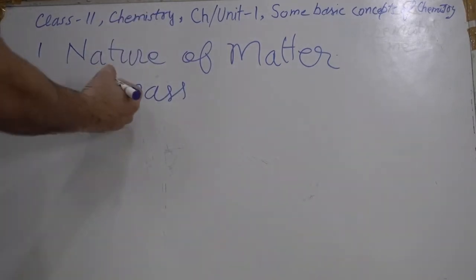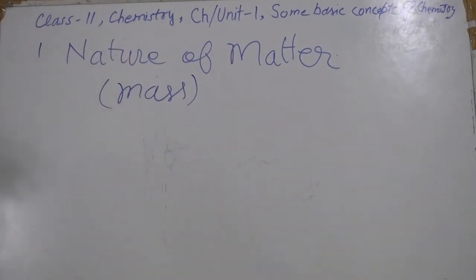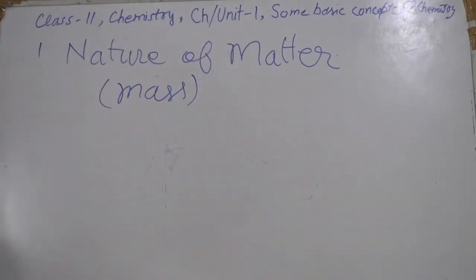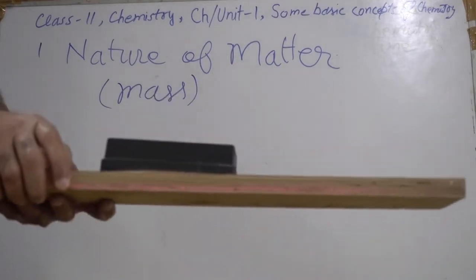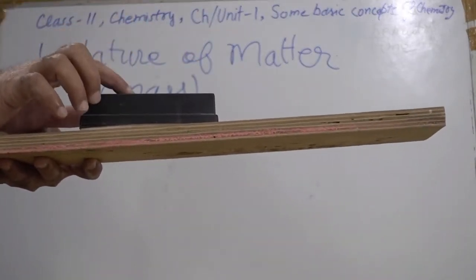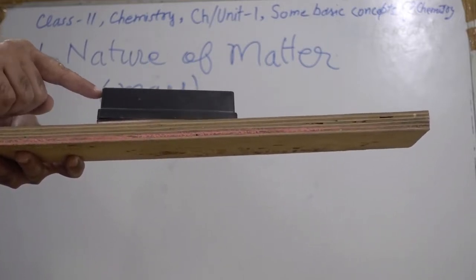What does it mean? We attribute this property to matter. What does it mean? You just have a look at this. You focus on this. I apply force on this.